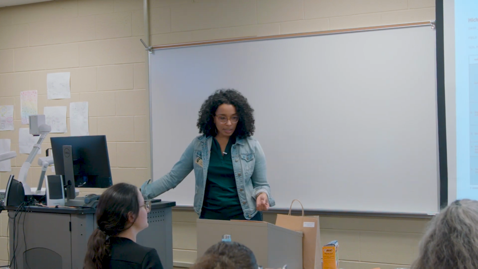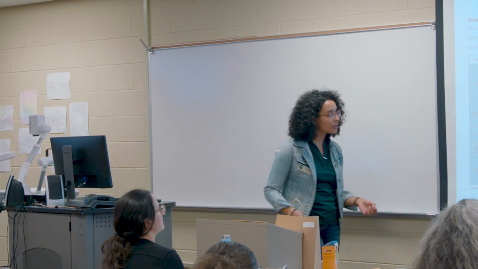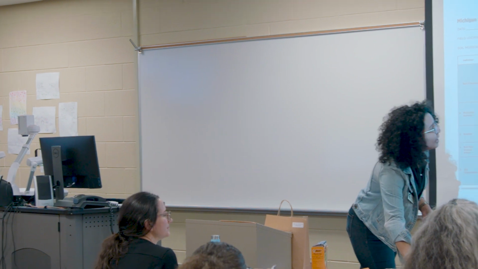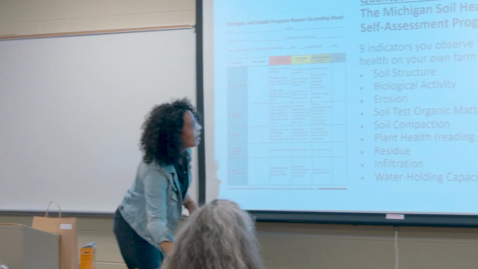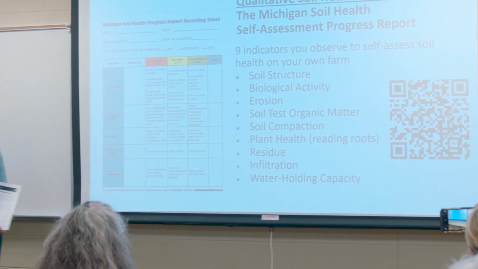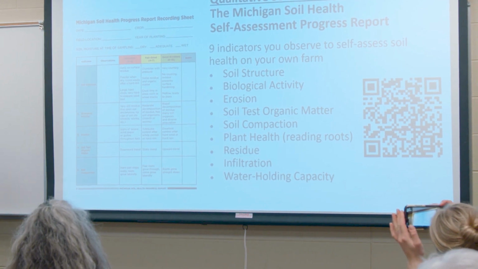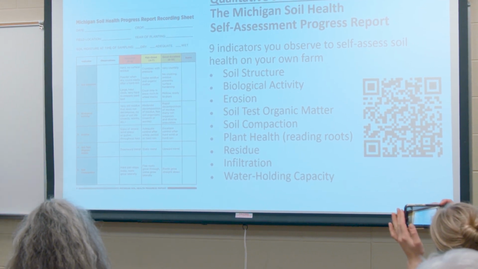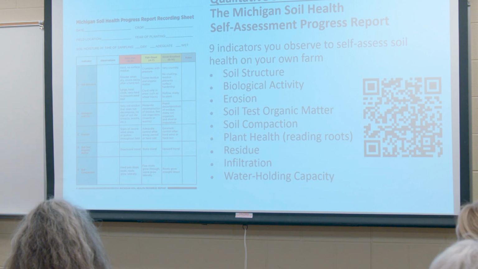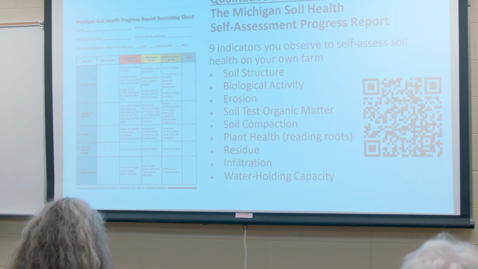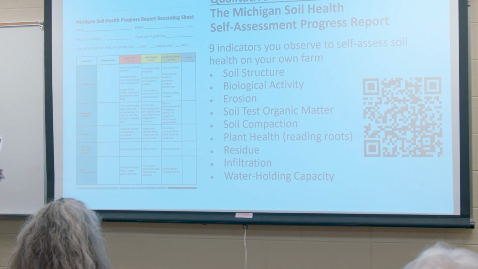Okay, something that I have as a resource, which I think is really great, is this visual assessment of soil health. There are a lot of really complex soil health tests that you can get, and that's great, feel free to do that. They're very expensive, but what really works is getting on your land and your property and seeing things yourself and seeing how things change over time.